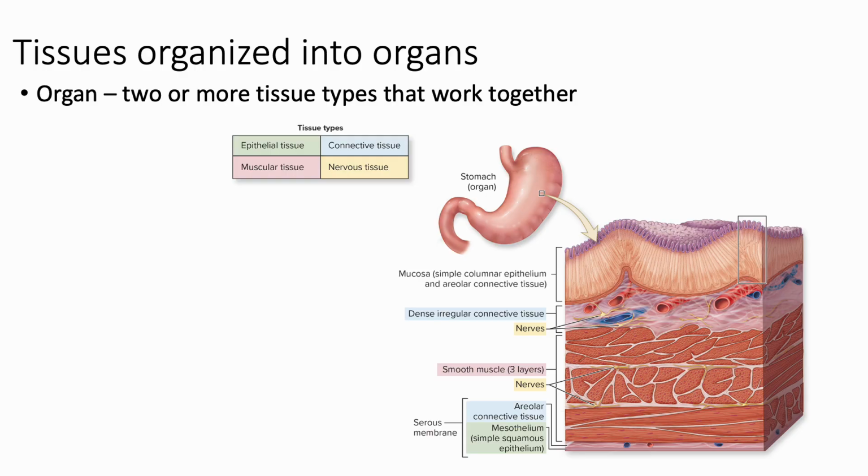Then we have dense irregular connective tissue. Notice the presence of vascular tissue and nerves. And then we're going to have the presence of smooth muscle, additional connective tissue, and finally, simple squamous epithelium. So we're going to spend a little time talking about some of the serous membranes that are formed from tissues.